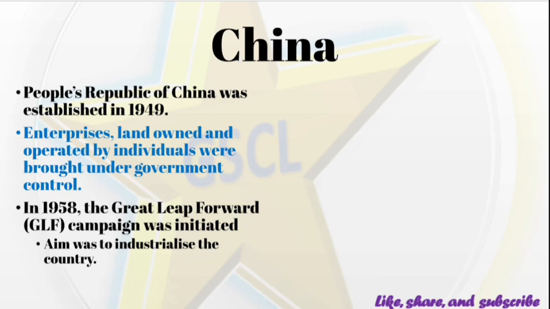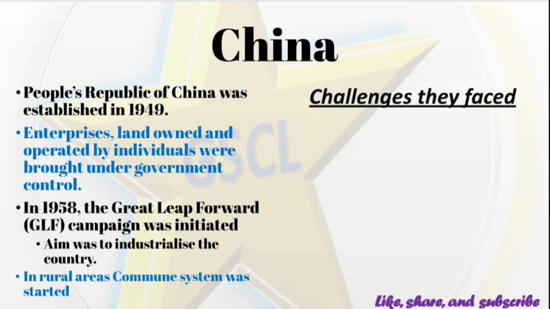Even in the backyards of their homes, people were encouraged to start industries. In rural areas, the commune system was started. Here, farmers were supposed to form groups called communes. They would collectively undertake farming.